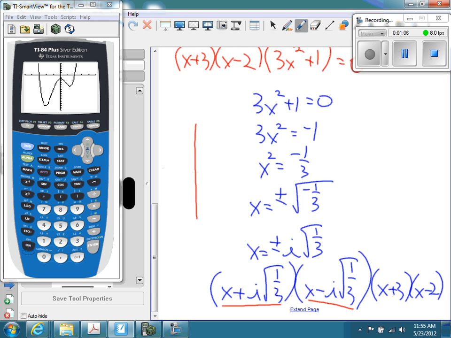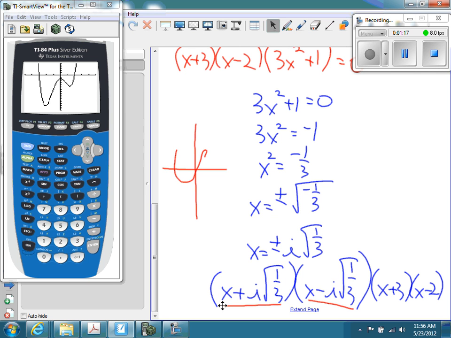Well, what if when you put the graph on your calculator, it looks something like this? The line is here and goes up, and goes down. Sorry, it's not a function. It looks like that.